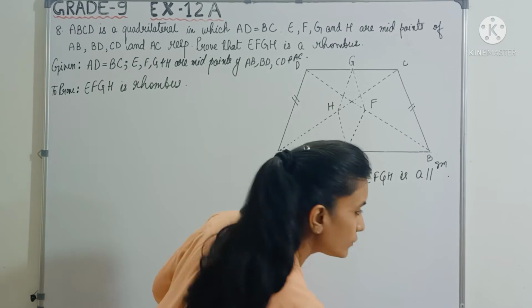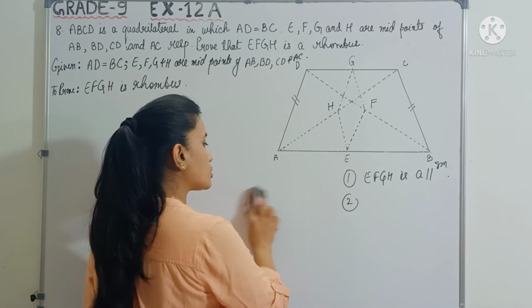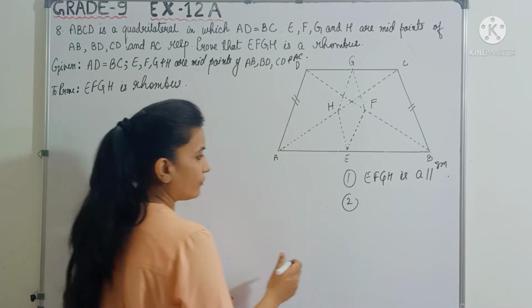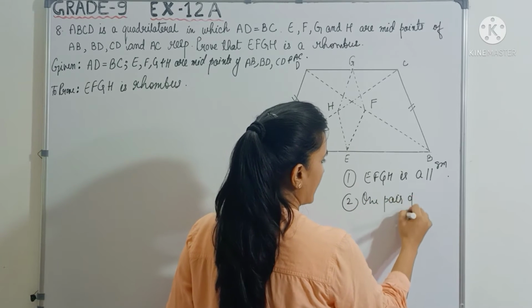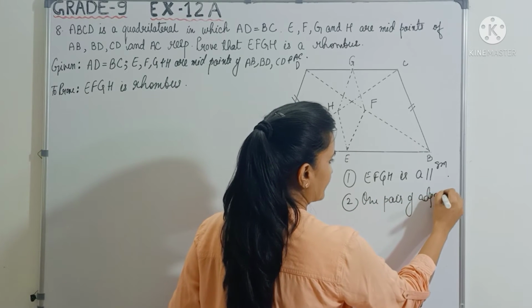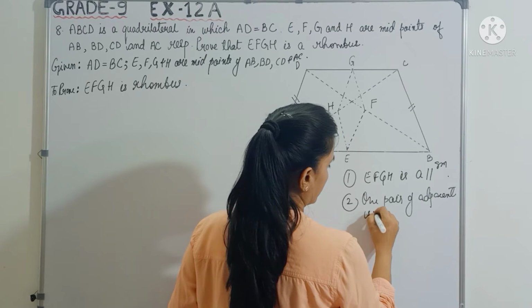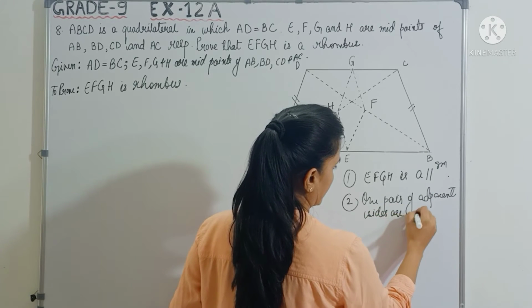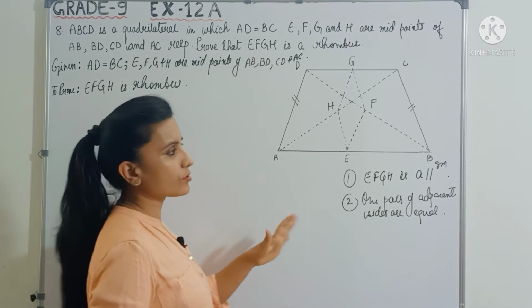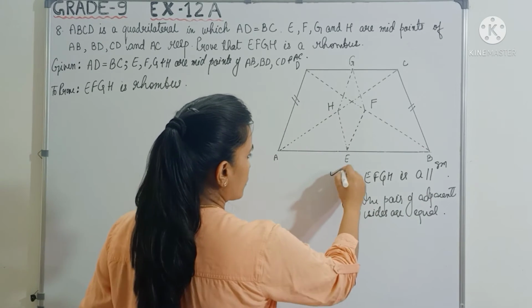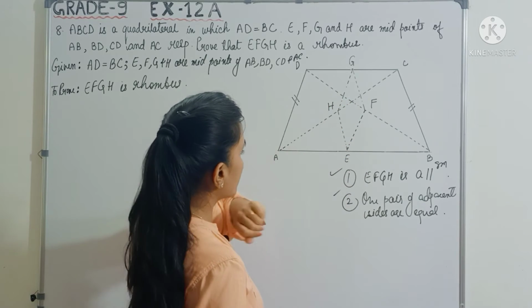So here you don't have to show everything, just show that one pair of adjacent sides are equal. Okay, we have done a similar question before also. So we have to show these two things, then it will be a rhombus.